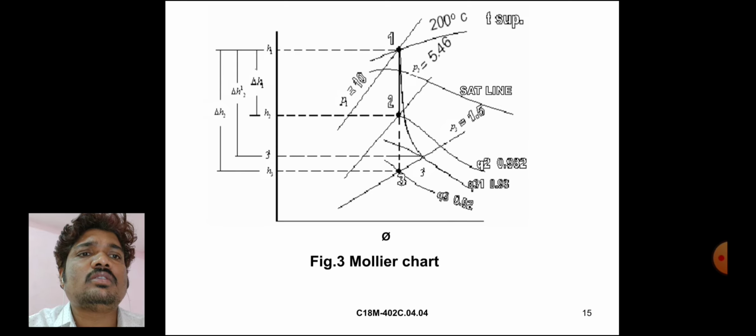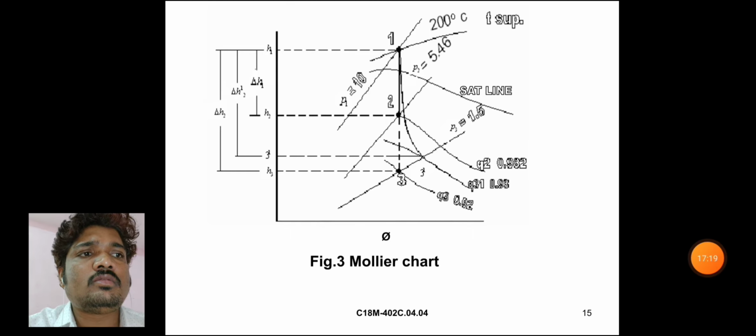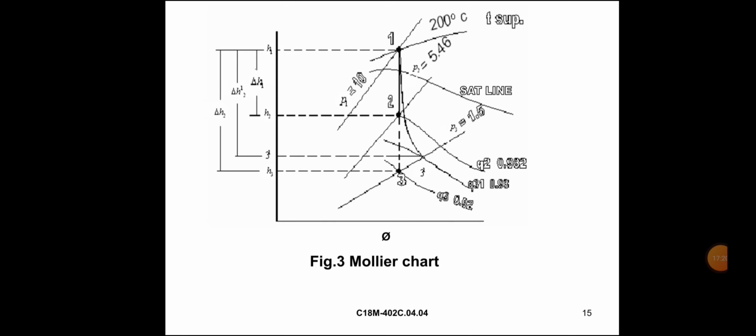As shown in this figure, this is a Mollier chart. As shown in the Mollier chart: H1, delta H1, delta H2, H2, H3, H3 prime, delta H3 prime, and the saturation line.